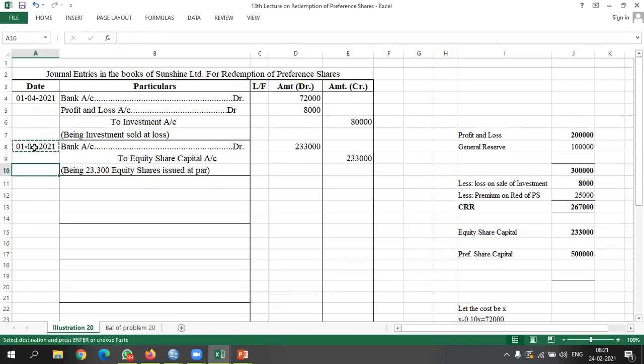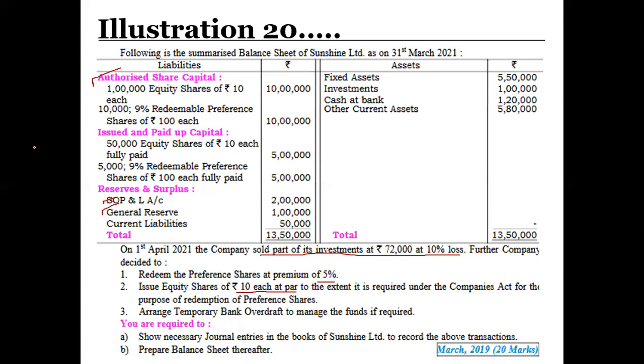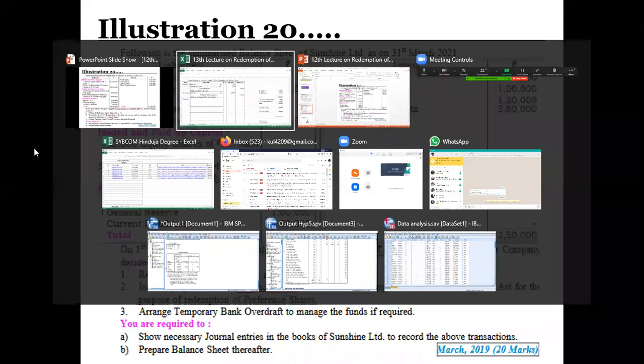My next entry will be the transfer of claim. The date will be the same. We have 9% redeemable preference shares.